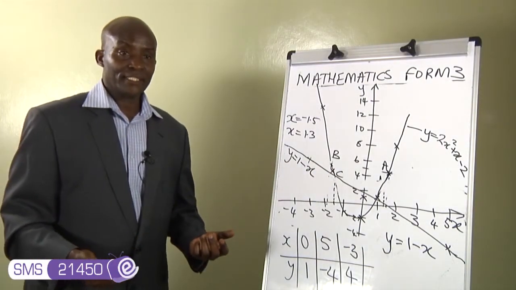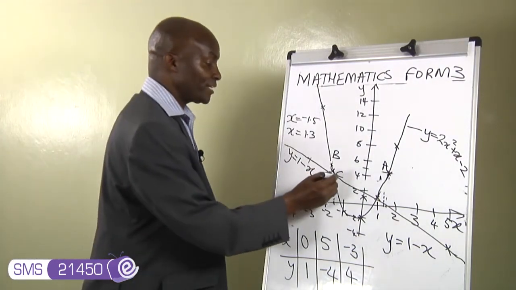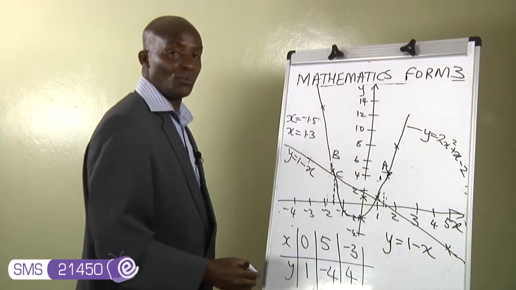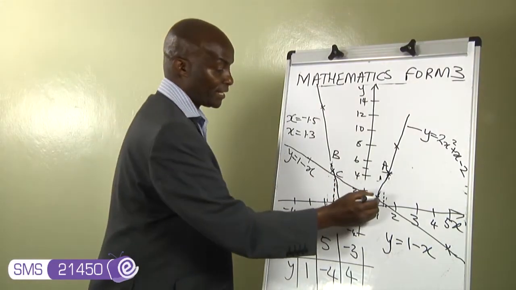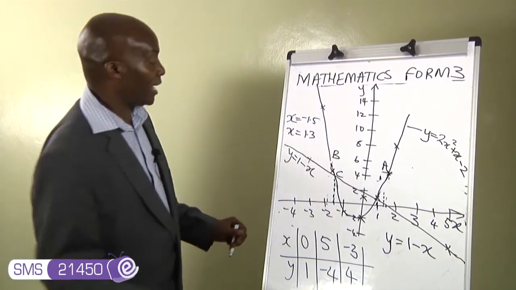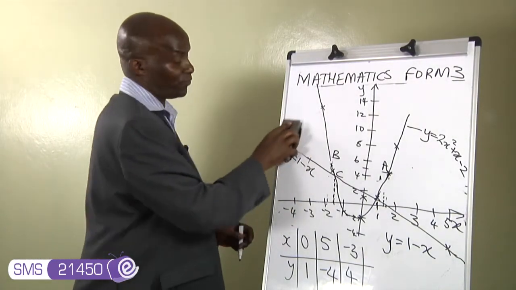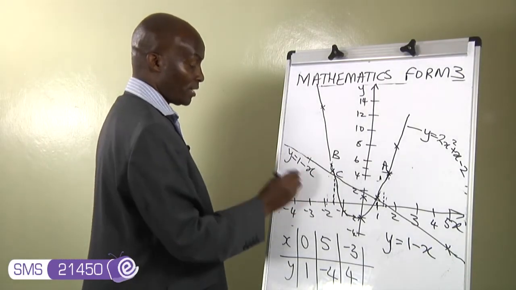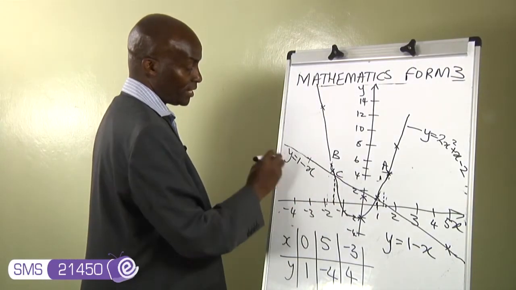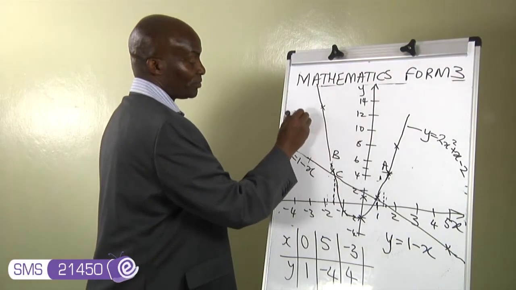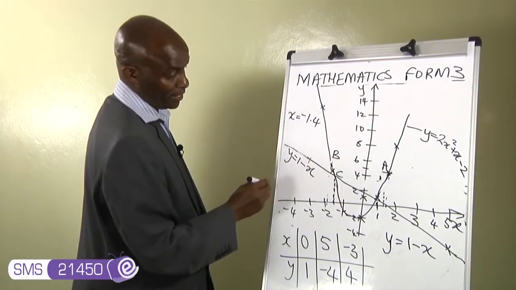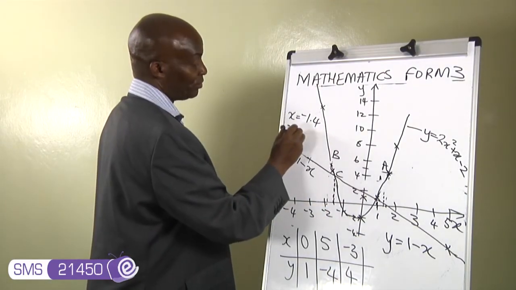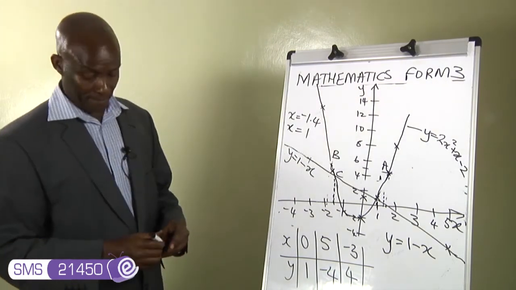So the process is the same to get the points of intersection where the curve intersects with the line y is equal to 1 minus x. The values of x for those points, in my graph here, are approximately x is equal to negative 1.4, and the other one is x is equal to positive 1.